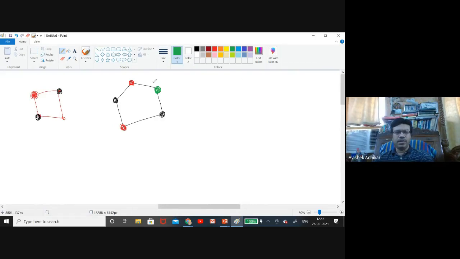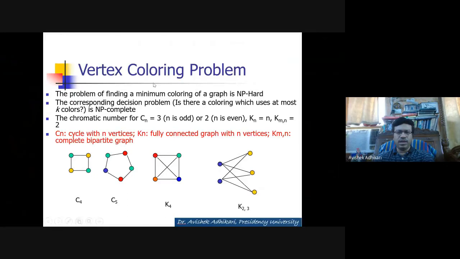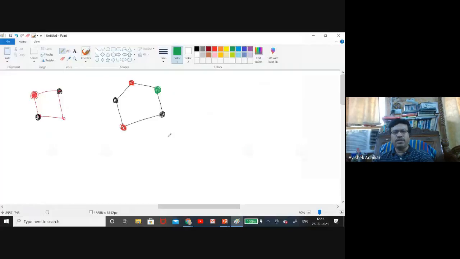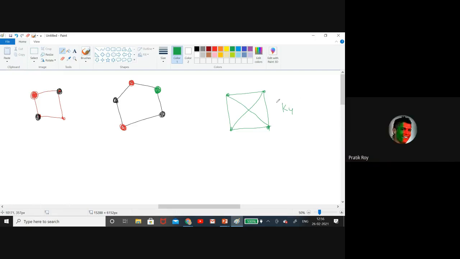Okay, let us have a look at this. This is a complete graph, right? For a complete graph, how many colors should be there? Say this is K4. How many colors for a complete graph? Four, n. Yes.